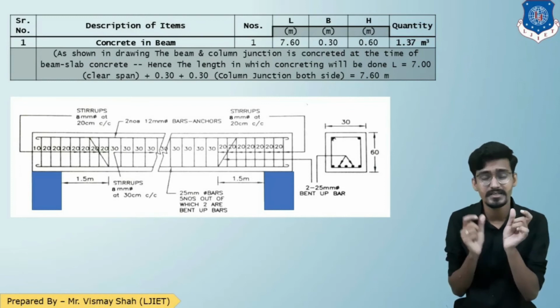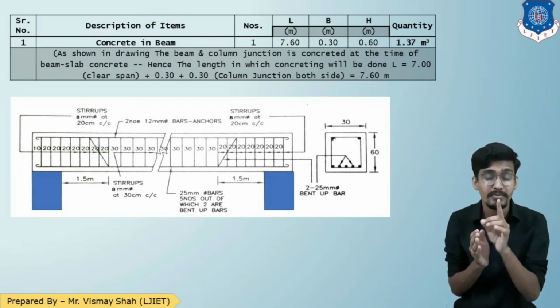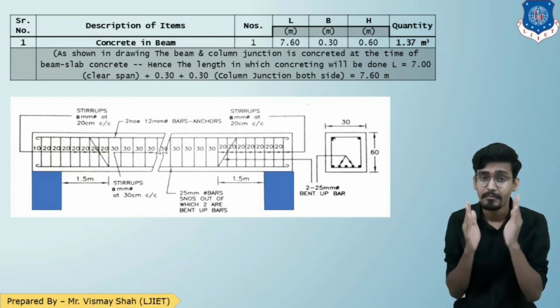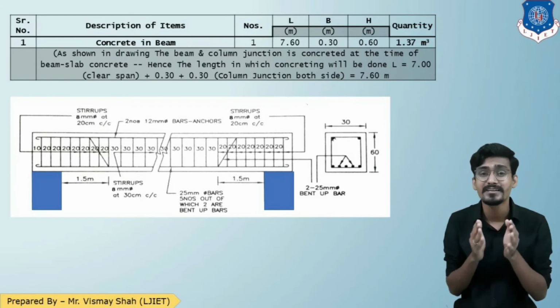So 30 centimeter this and 30 centimeter this. So now the concreting span, beam span is 7, but I am talking about the concreting length, that will be 7.6. So we'll get the quantity as 1.37 cubic meter. So that was for concrete.